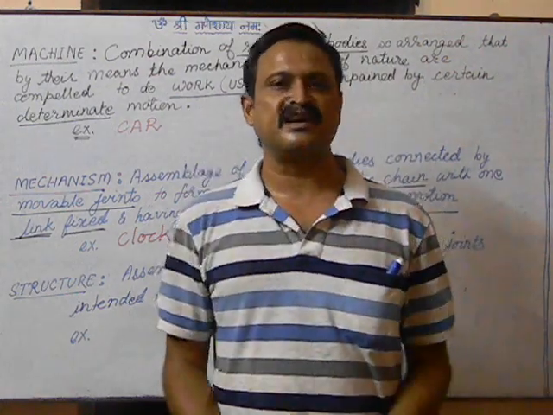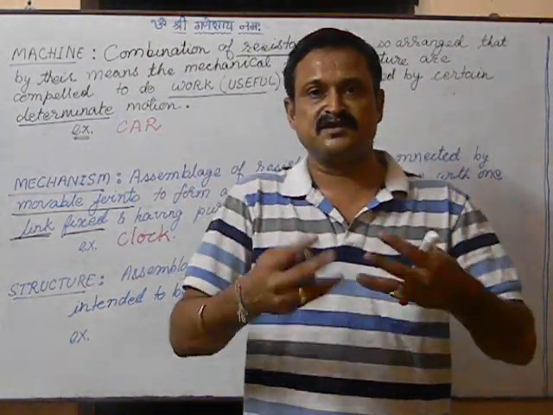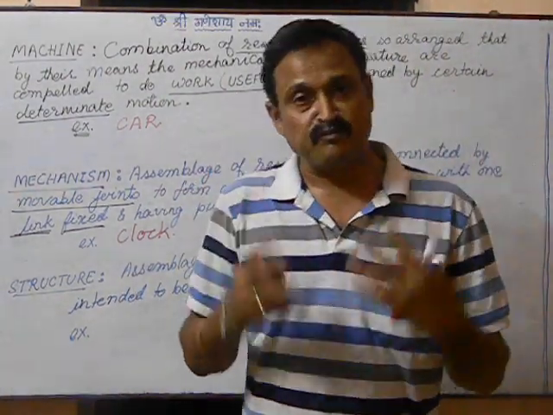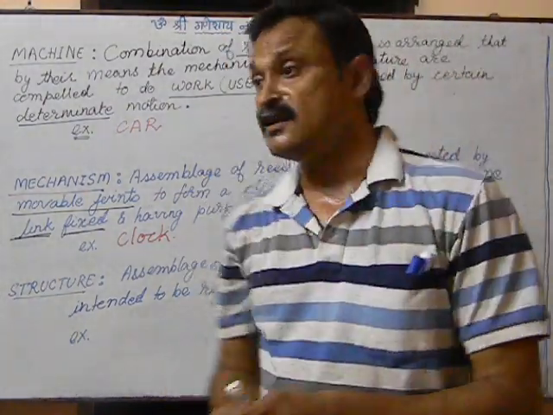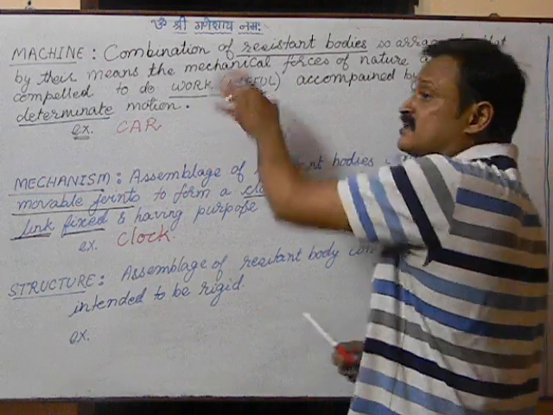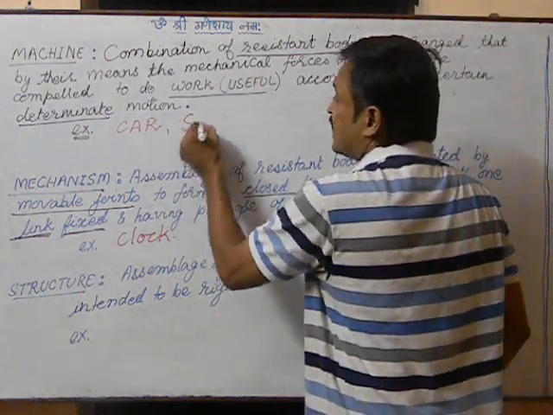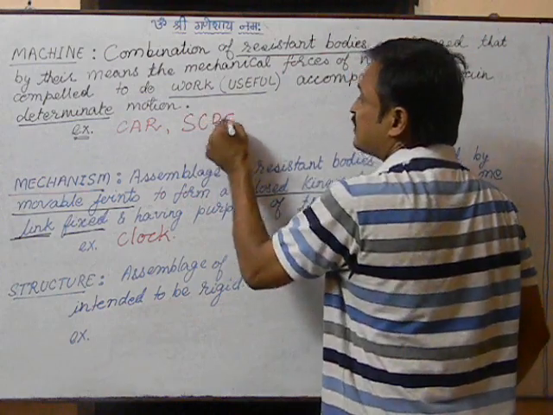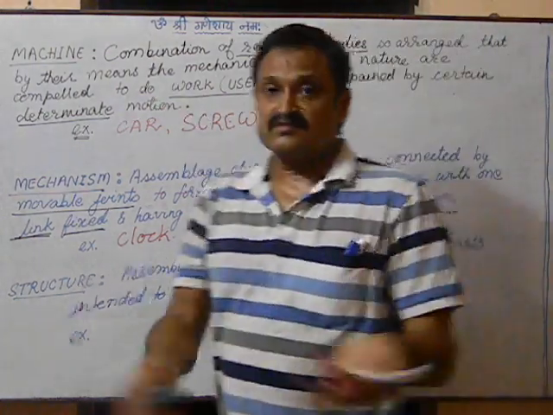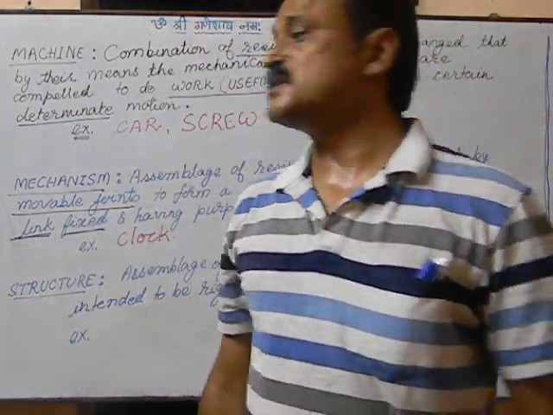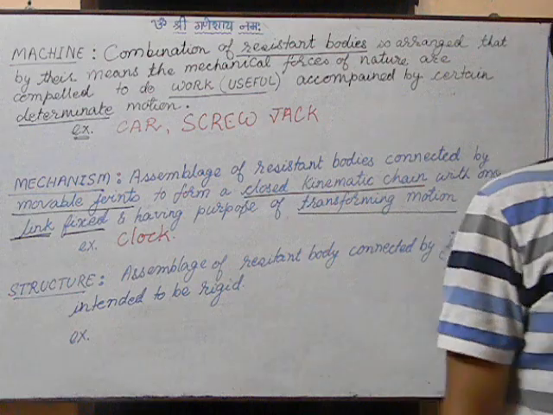It's a very simple arrangement, but it can overcome its own weight of the screw and that arrangement, plus it can even lift the entire vehicle. So there again it is doing the extra work or the useful work. So definitely I can say a screw jack, though the arrangement is very simple, will still come into the category of machines.